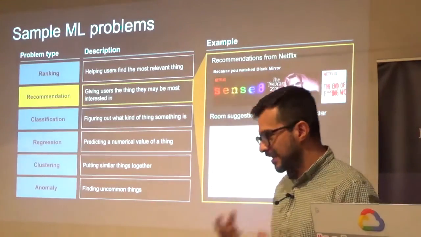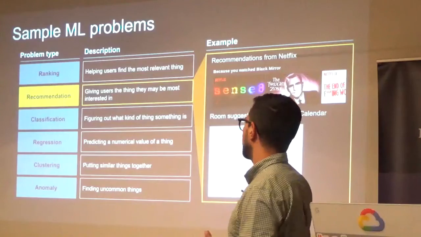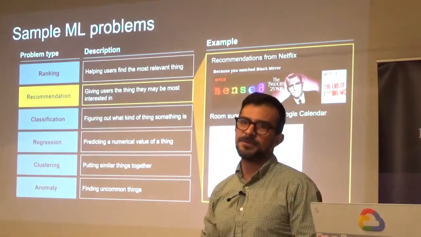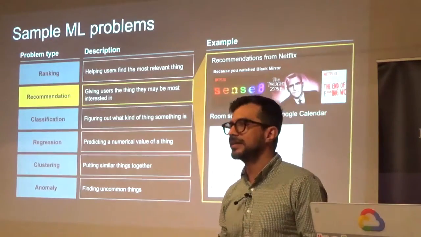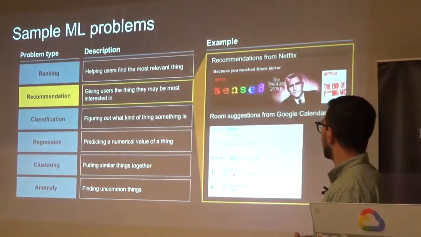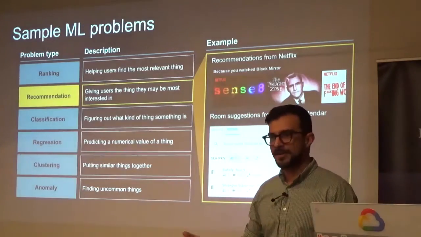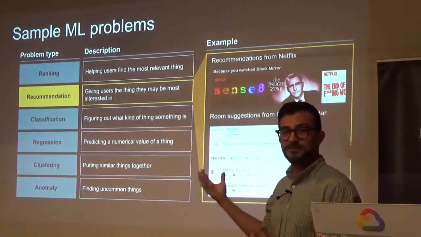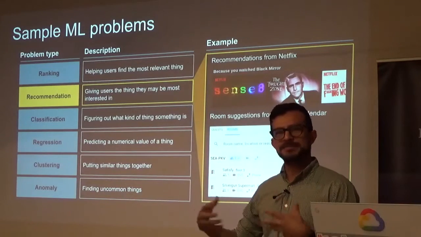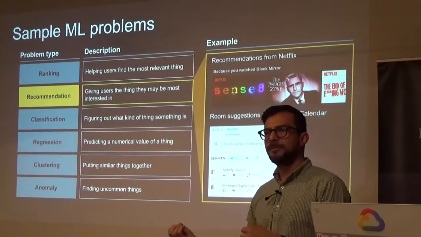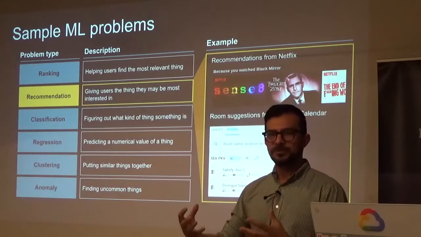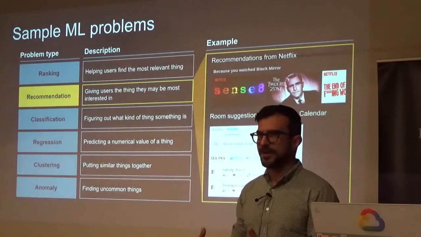Recommendations. That's another great use of machine learning because you give users the thing that they may be interested in. Again, this is used a lot at Amazon and Netflix, using past experiences and trying to predict the specific outcome based on specific variables.